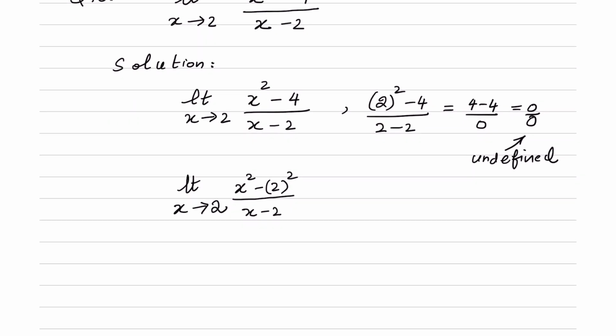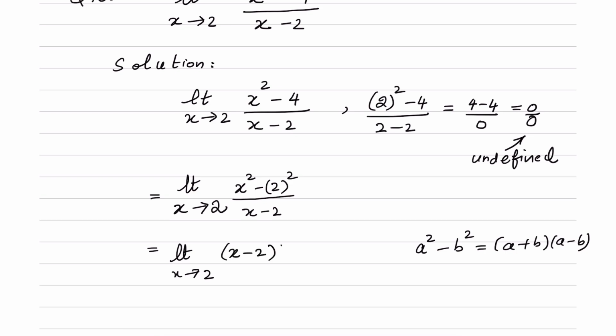In this particular case, x square minus 4 could be written as x square minus 2 square. We will further simplify it by recalling the formula a square minus b square is (a plus b) into (a minus b). So x square minus 2 square could be written as (x minus 2)(x plus 2) divided by (x minus 2).